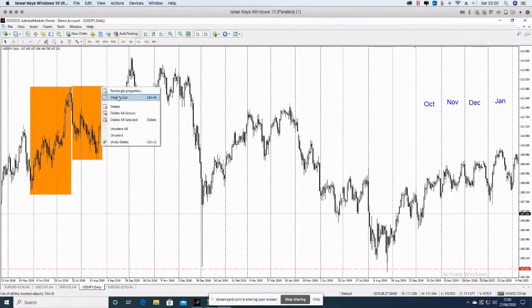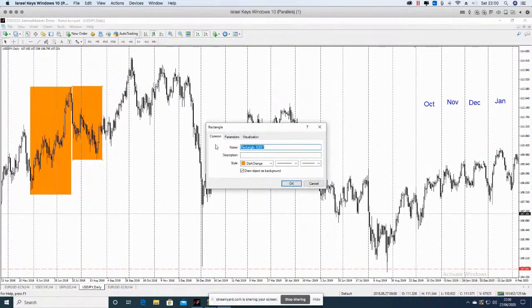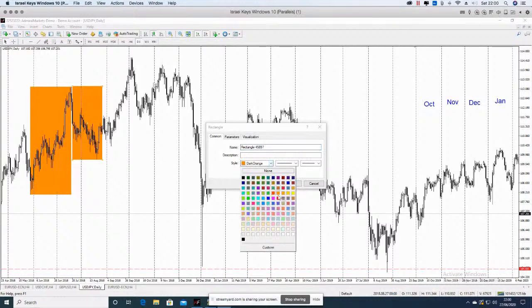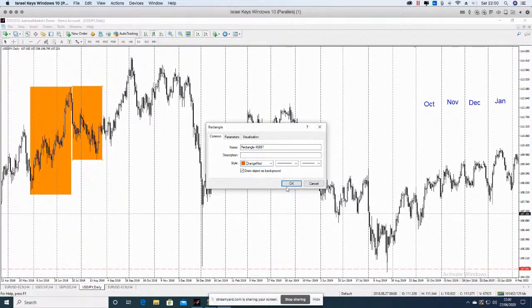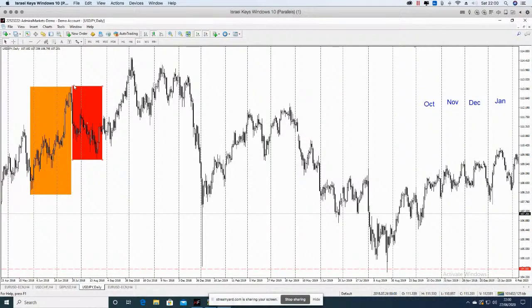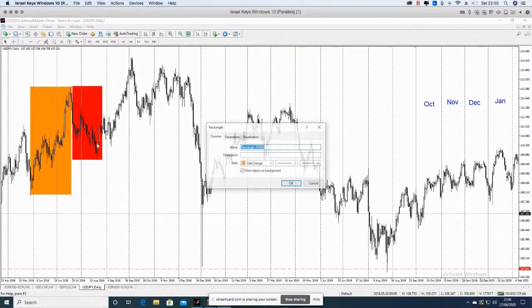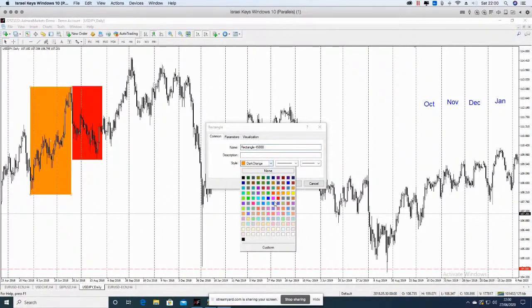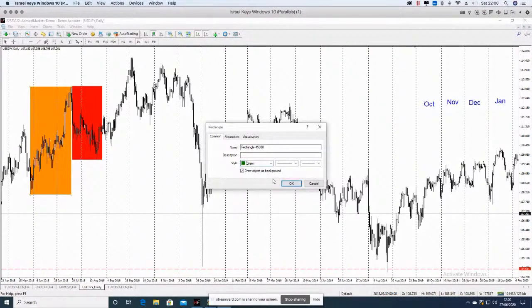I'm going to change that color. So let's call the downs red, not orange, red. And let's call the ups green. Does that make sense? There we go.